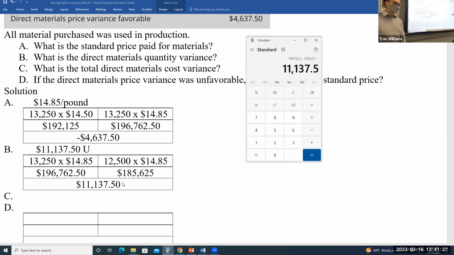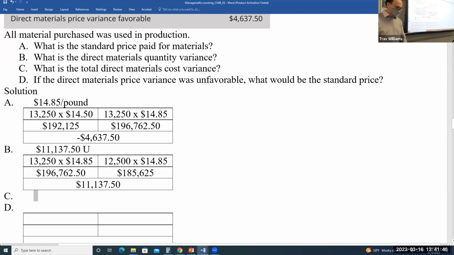So you can take the positive number plus the negative number, or find the difference between the two, whatever works for you. So it comes out to $6,500 positive, which of course would be unfavorable.